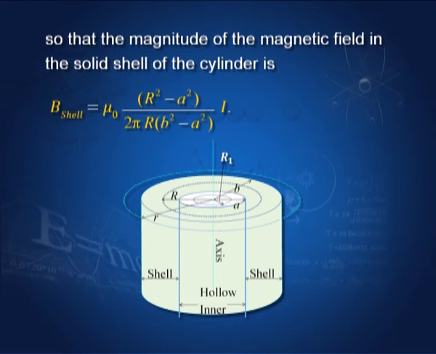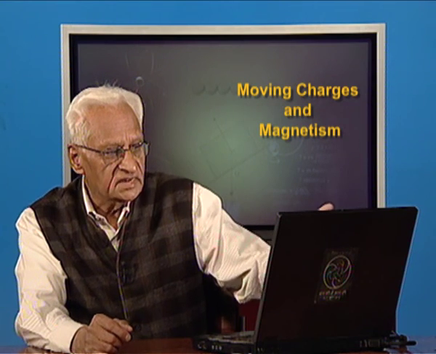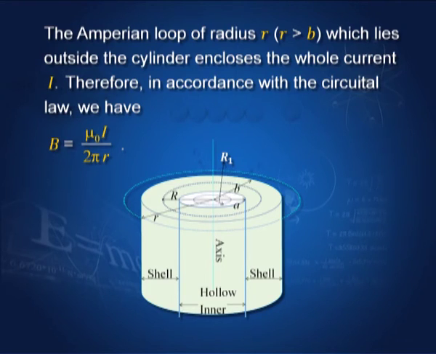Now, let us take a loop which is outside the cylinder, r greater than B, an outer circle of radius r, and r is greater than the outer radius of the cylinder.